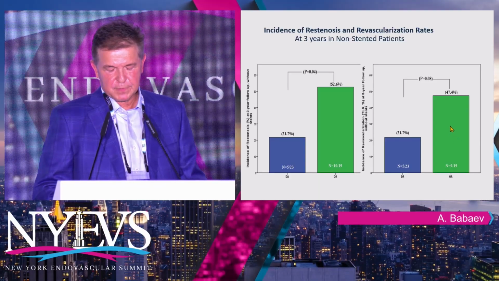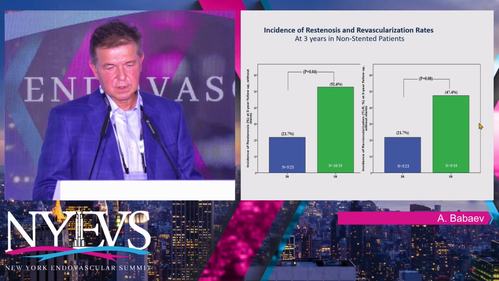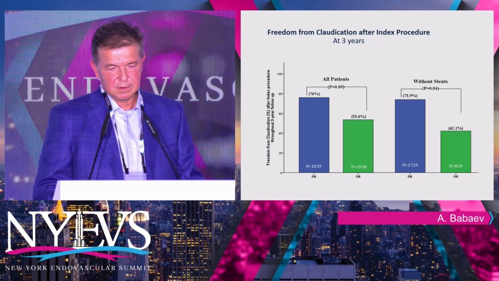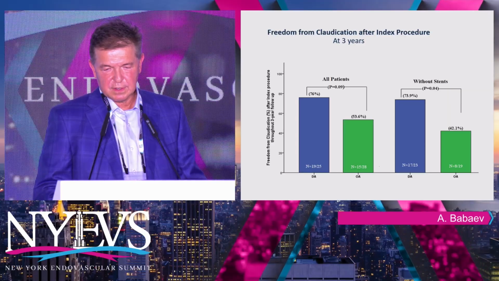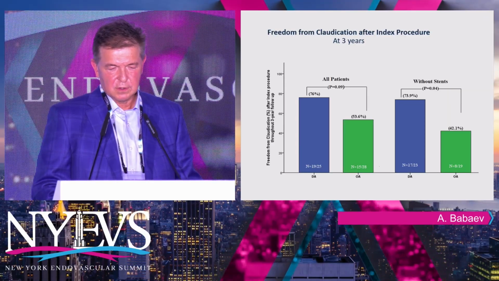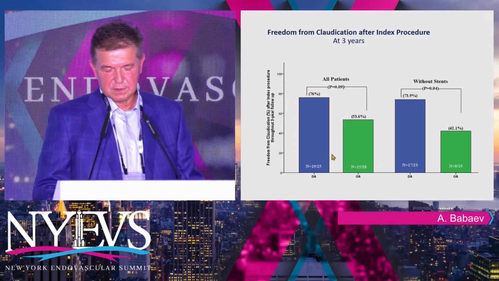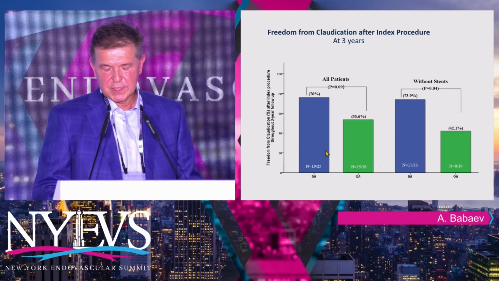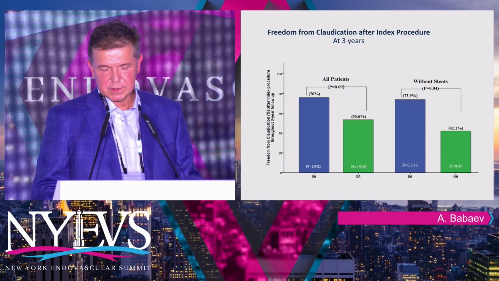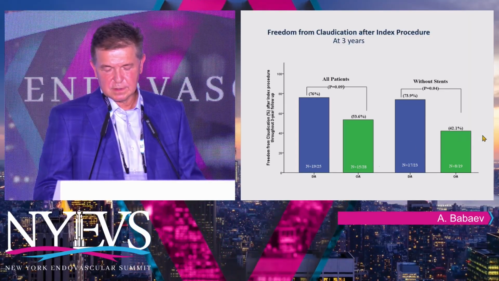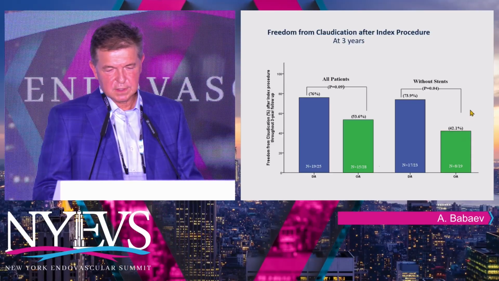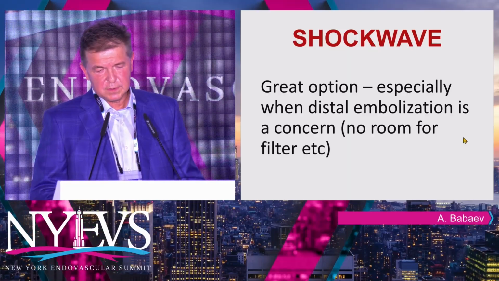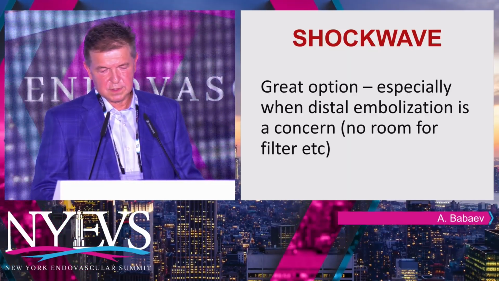And for freedom from claudication after the index procedure at 3 years, again, there was a trend toward improvement in patients treated with directional atherectomy, but if you remove patients who were stented during the index procedure, this difference became significant.